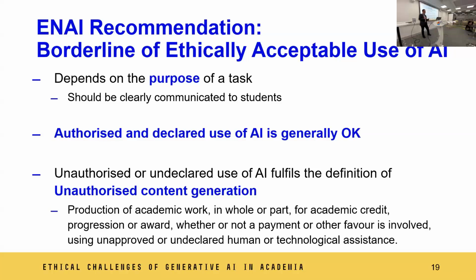And we basically generalized our definition of contract cheating or ghostwriting: production of academic work for credit, progression, or award, whether or not payment or other favor is involved, using unapproved or undeclared human or technological assistance. So it doesn't really matter if students outsource their tasks from a person or from a machine.